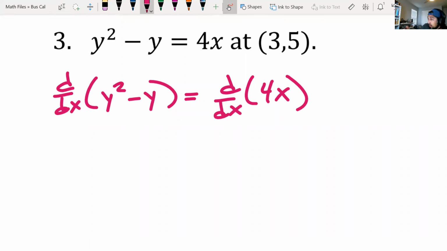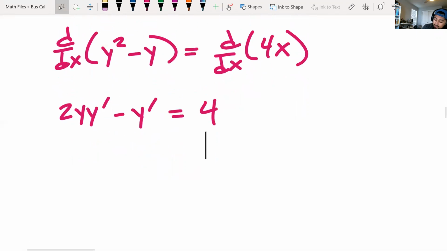And now we use our implicit derivative key on the first page, and the implicit derivative of y squared is 2y y prime minus the implicit derivative of y, which is y prime, equal to 4. Okay, and remember, after you take the implicit derivative, your goal is to solve for y prime.